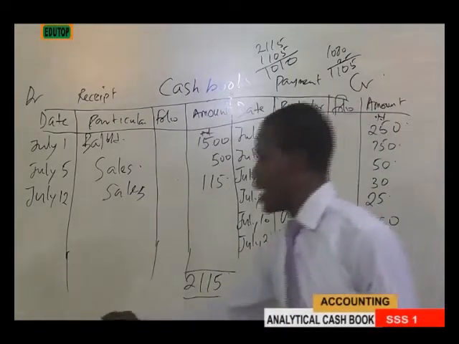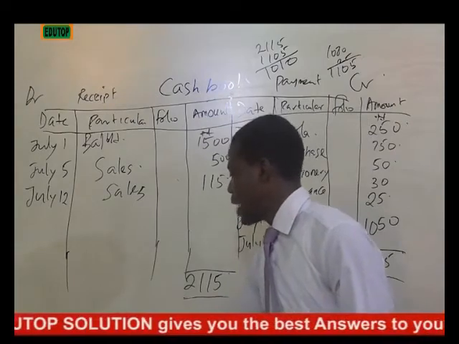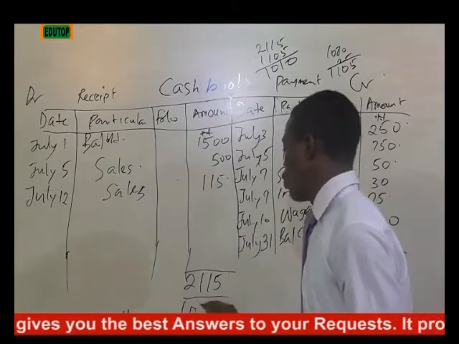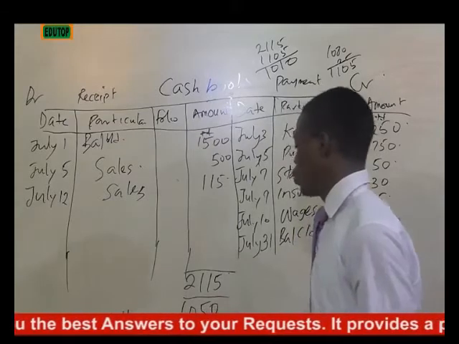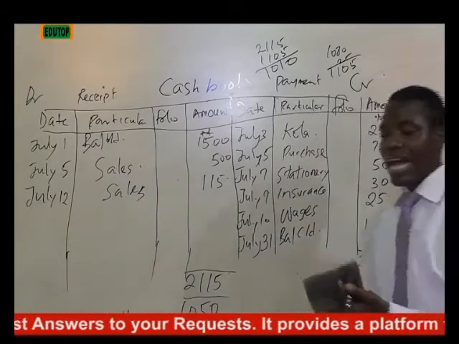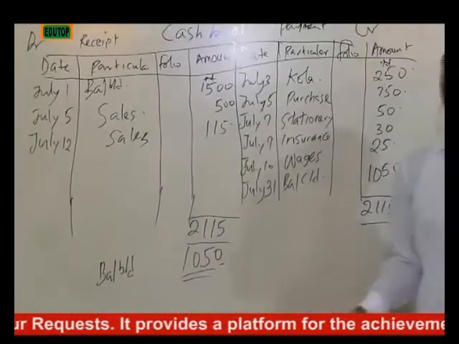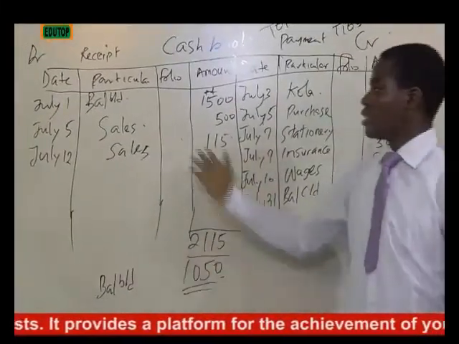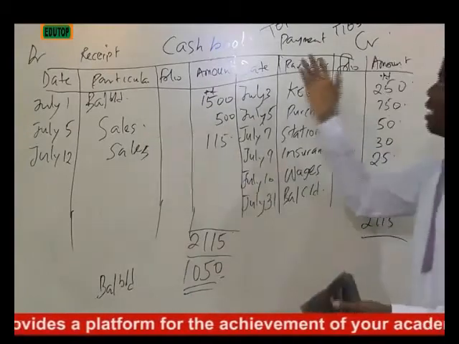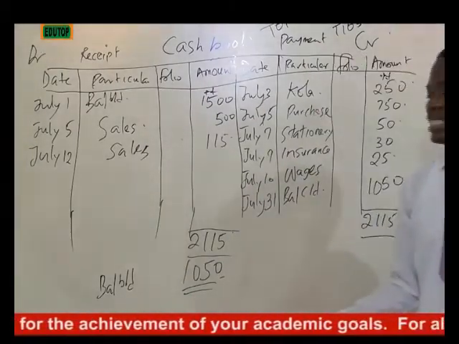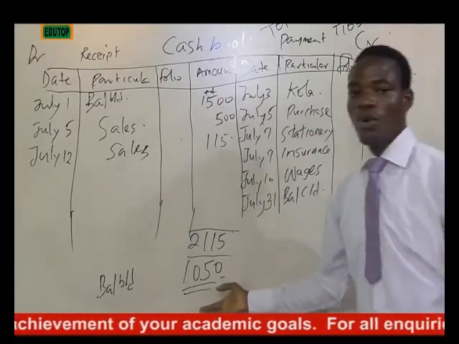Then you bring it down here as balance b/d, 1,010. So that is the cash you have in hand at the end of the month. Having received the cash and paid money out of the cash, the remaining cash you have at hand is 1,010.